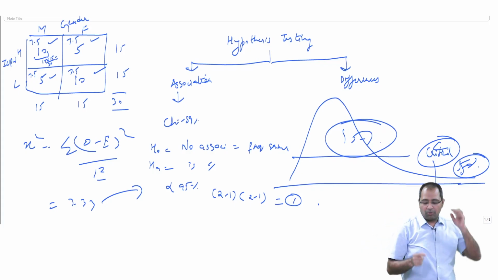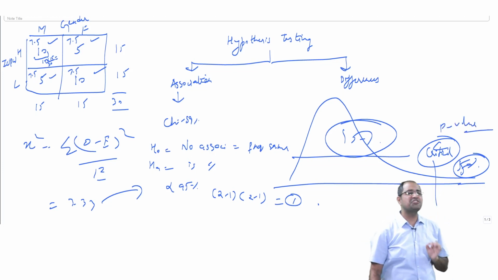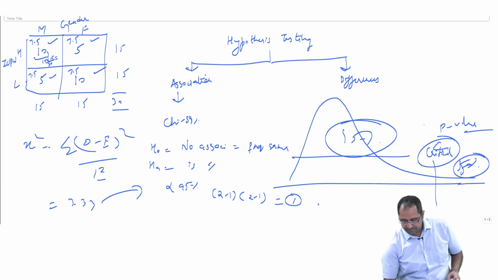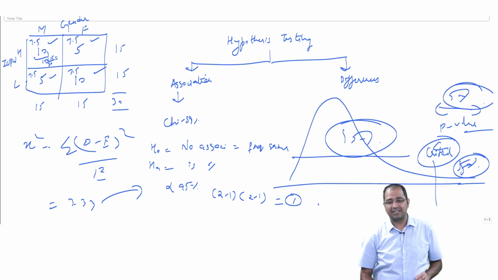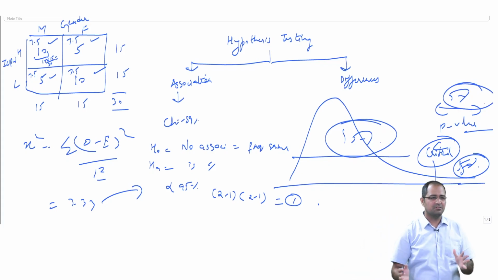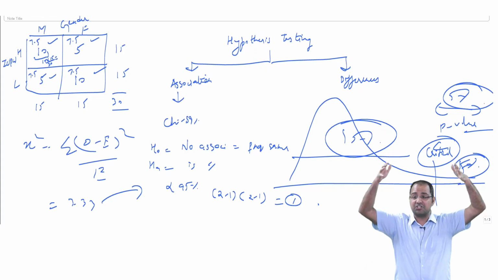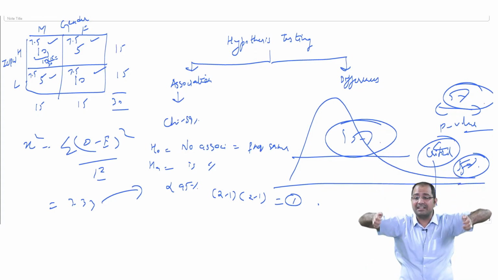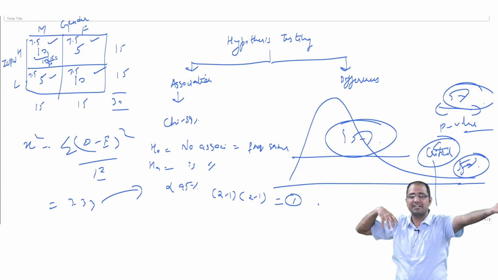So I will tell you about what is called the p-value. We calculate the probability and we look at the chance. What is the chance? Here the critical value is the 5% zone, the probability that we would obtain such a sample from a population where we assume there is no association.